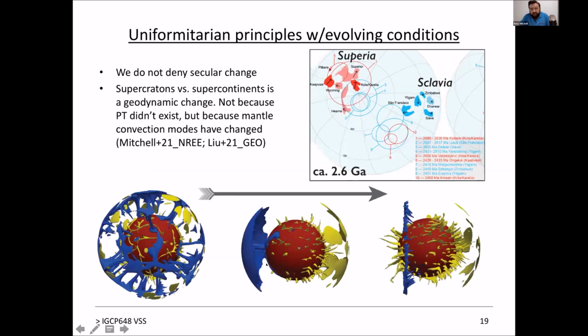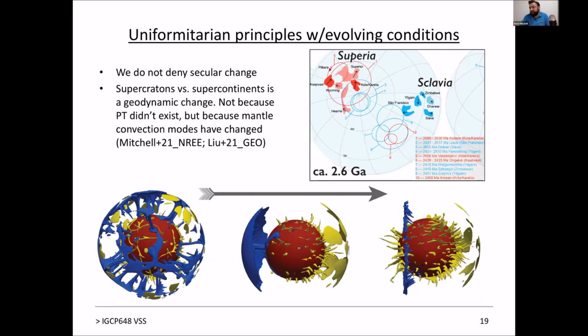And just to drive this point home, that uniformitarianism does not need to deny secular change. The principles of plate tectonics don't change just because you change the parameters of, say, mantle viscosity, mantle temperature. Okay, and we haven't proven an Archean supercontinent. The evidence we've published in Liu Yibo's Geology paper actually shows that there probably wasn't an Archean supercontinent, maybe separated supercratons.